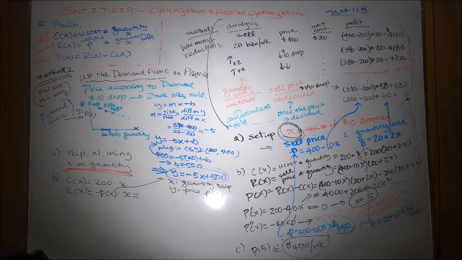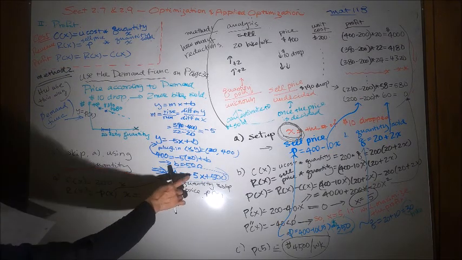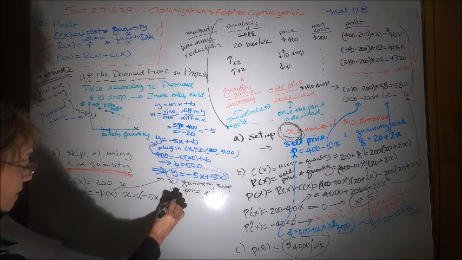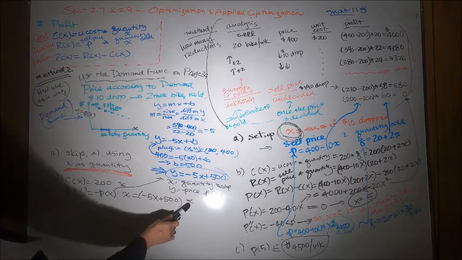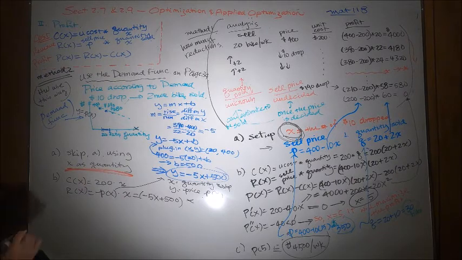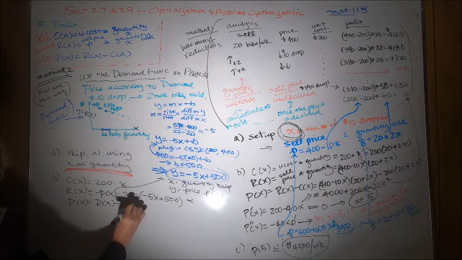Okay? So then your revenue would be price times quantity. Your price is this demand function, times quantity sold. Price is according to quantity by the demand function. Okay? So then your profit would be what? Revenue minus cost.